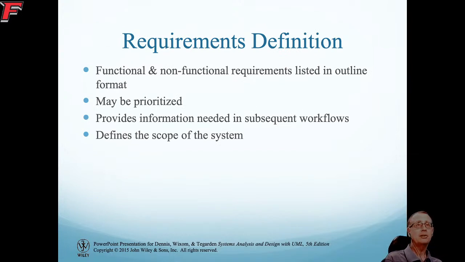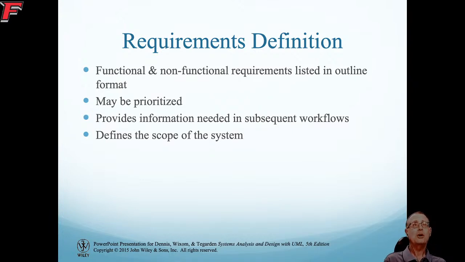You can prioritize requirements. Sometimes that's very useful, particularly if you're taking an iterative approach. You can try to do the higher priority stuff first, and that's a good approach. Sometimes you can take on the most technically challenging stuff first in case you can't get it done. That's also a good risk mitigation tactic.